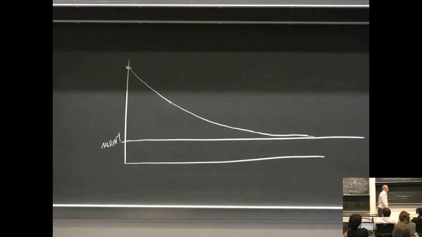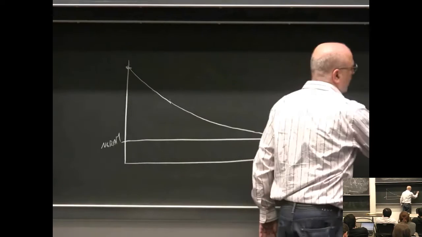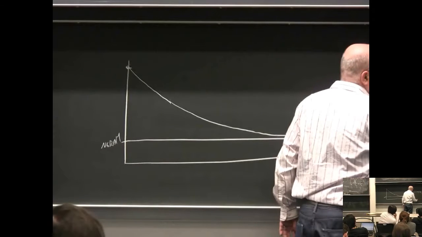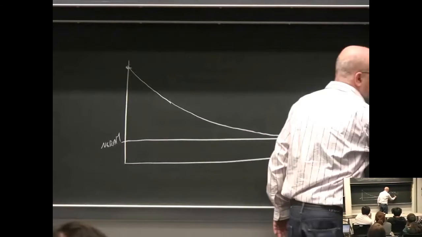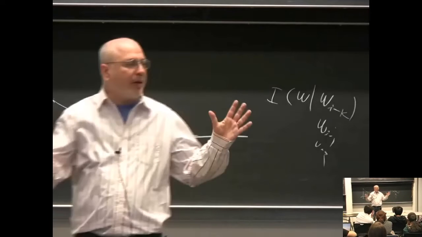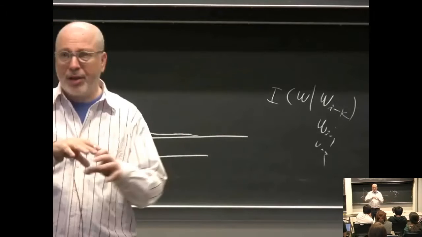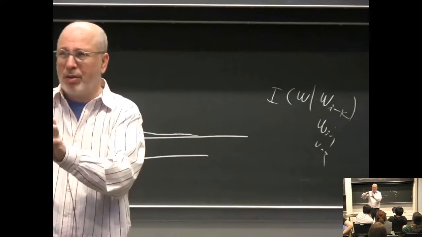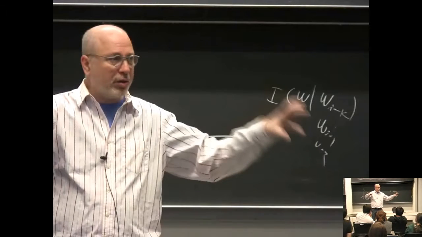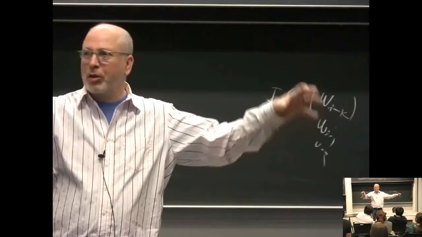So you can calculate mutual information between the current word and word i minus k for any k, right? So i minus 1, i minus 2, i minus 3. If you calculate it over a large enough amount of data, you can think about these as distance bigrams, where you predict the next word based not on the last word of the history, but a word a few places back. It's still a bigram because you're conditioning only on a single word, but it's a long distance bigram.